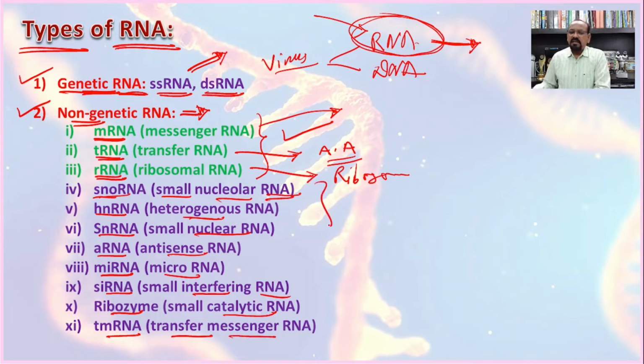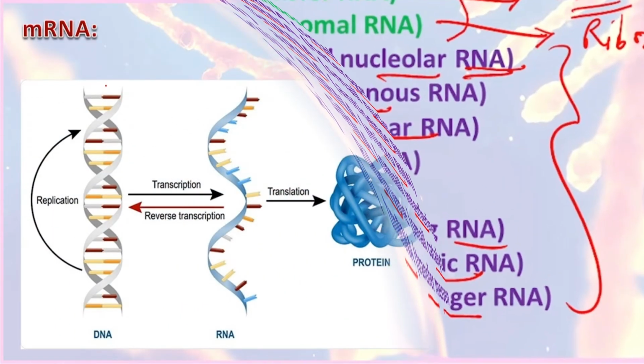So these are involved in different metabolic processes in different organisms. Basically, we are dealing with these three types of RNA in this lecture.